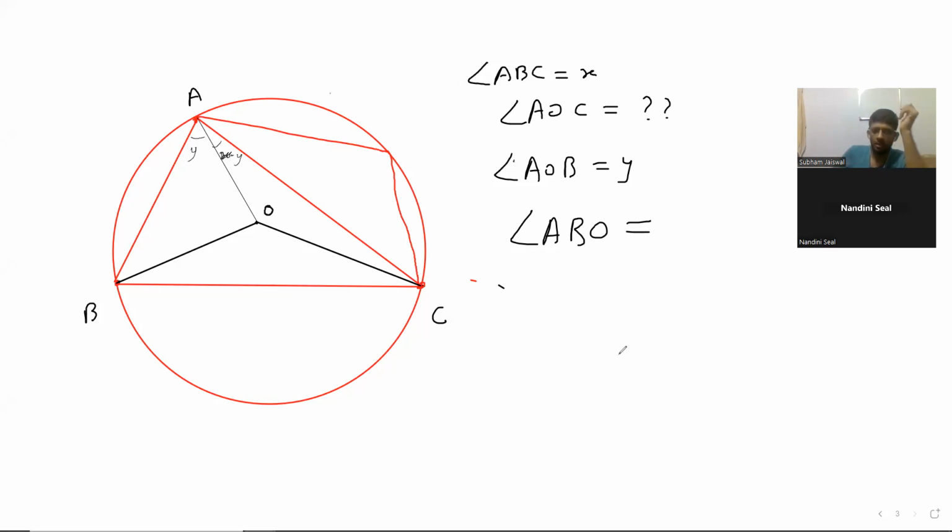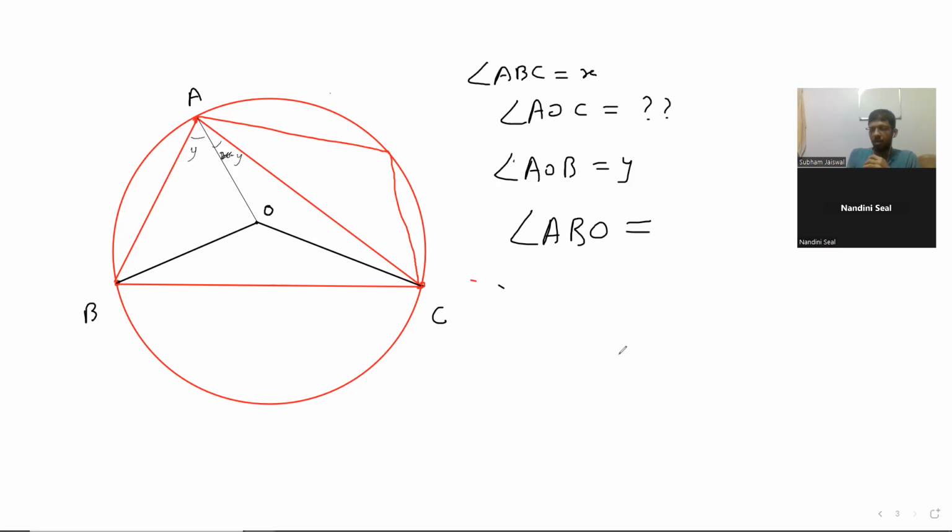There is something in there. See, O is the center.